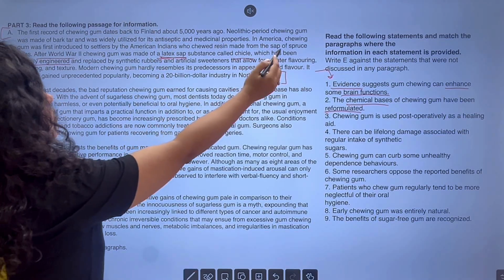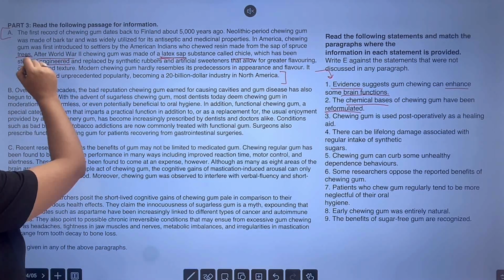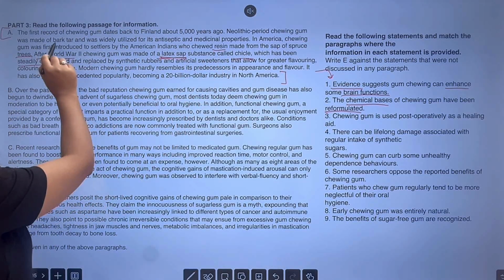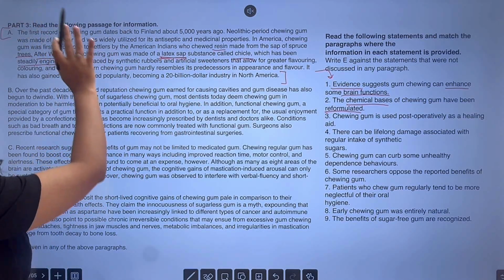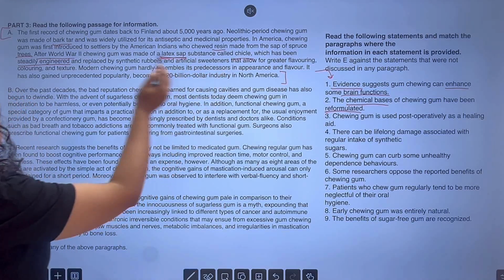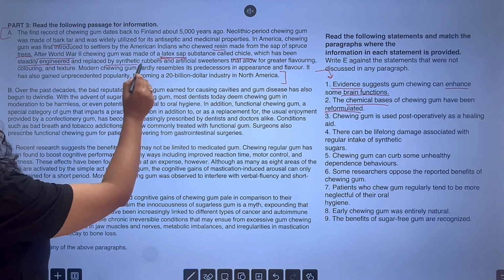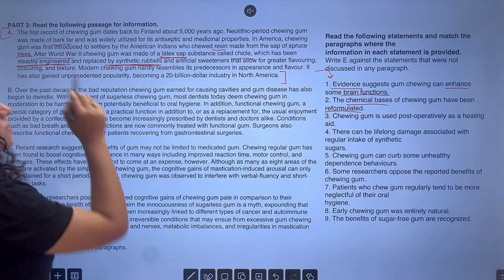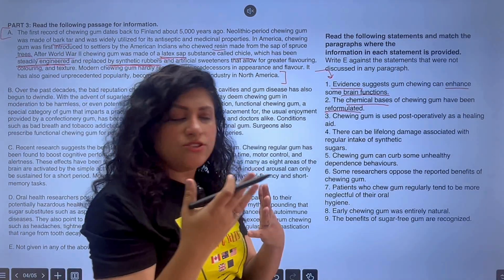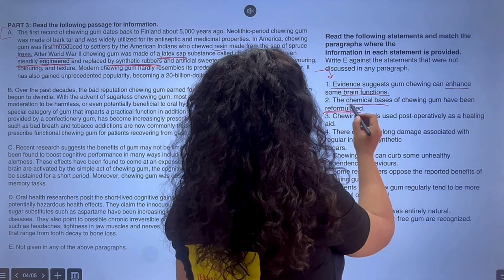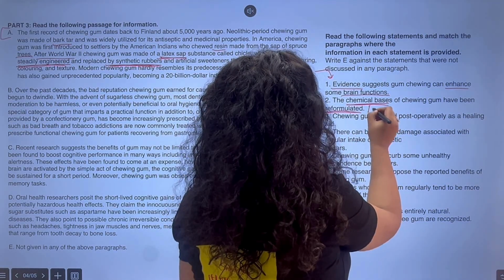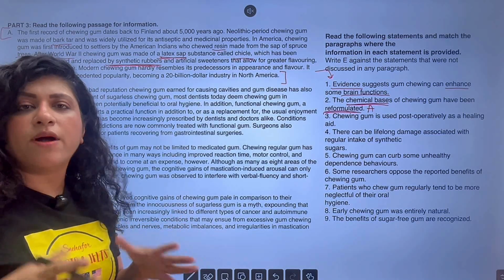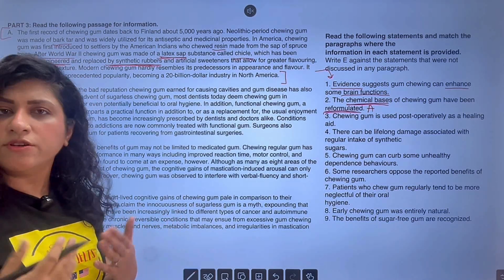Earlier that was made of spruce trees, made of resin, made of bark tar. Those were natural. Now it started being made by using synthetic rubber. So it's been engineered, its formula has been changed, reformulated chemical basis. So this is there in A. That is why I am going to mark A as the answer for question number 2.